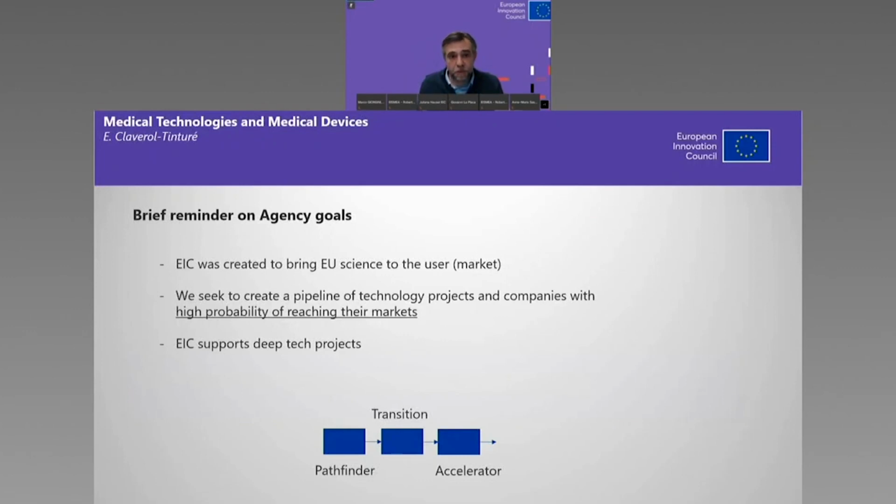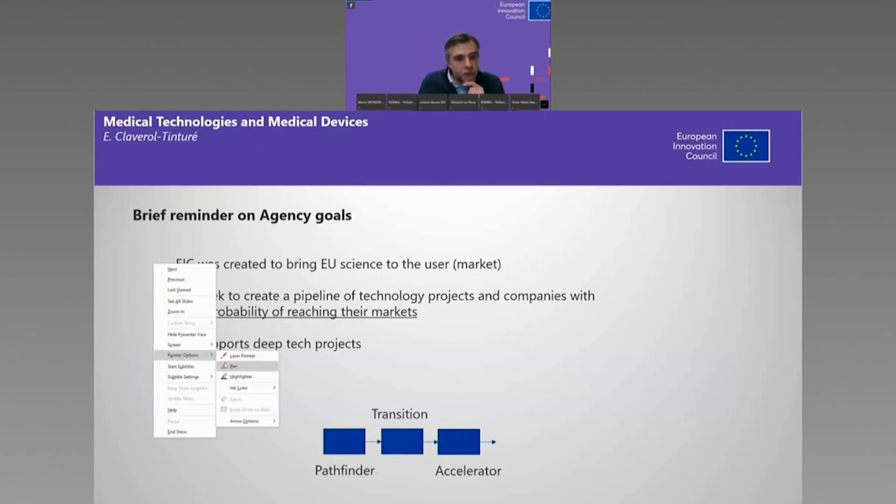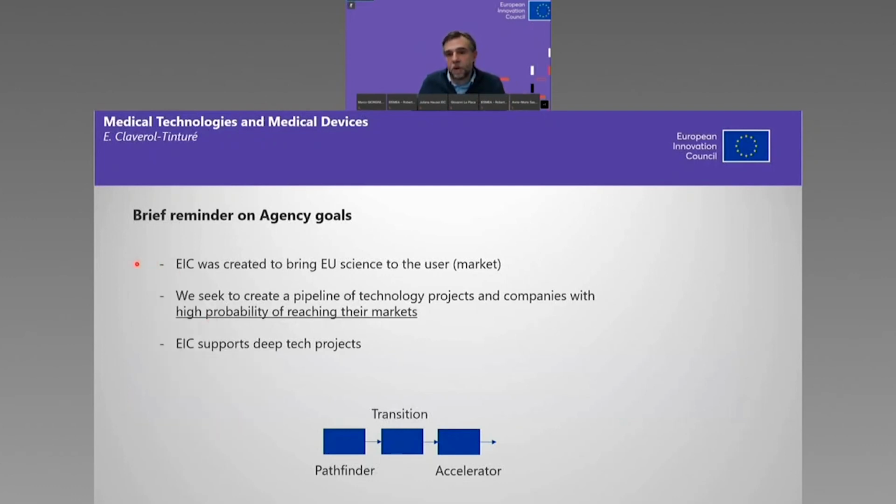So the EIC was created to bring science to market. Our KPI, our goal is to see how many technologies we can bring to the patient and to the clinic, and whether those companies or technologies that we create in Europe with the support of the agency are market leaders, because it means they have contributed tremendously to the field if they are positioned at the top.